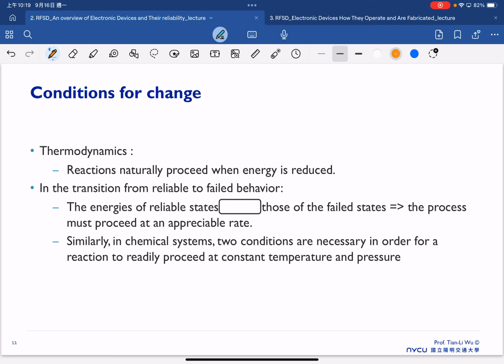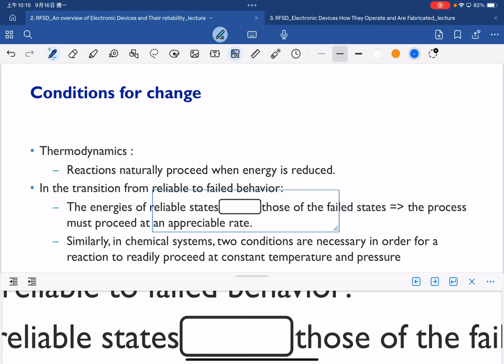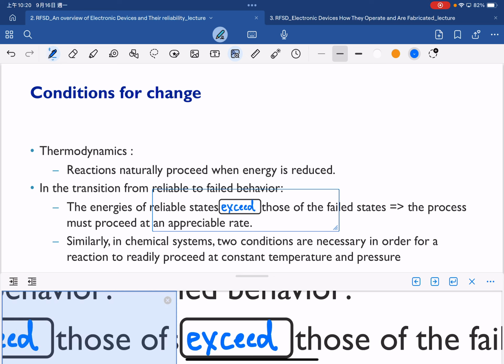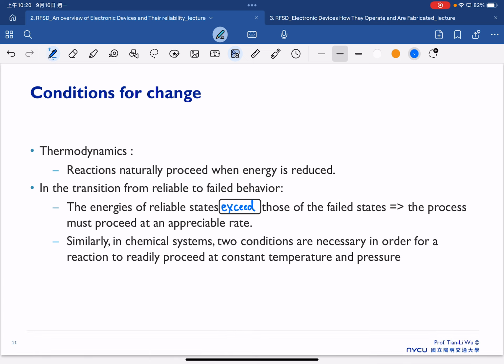Thermodynamics says a reaction naturally proceeds when energy is reduced. So in the transition from reliable to failed behavior, the energy of the reliable state exceeds that of a failed state, and the process must proceed at a certain rate.